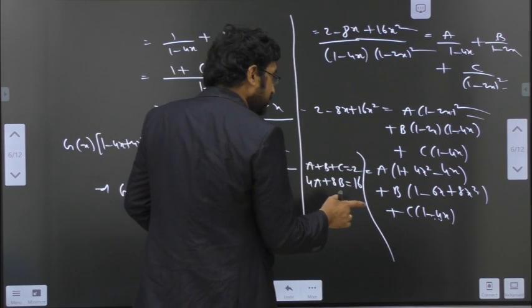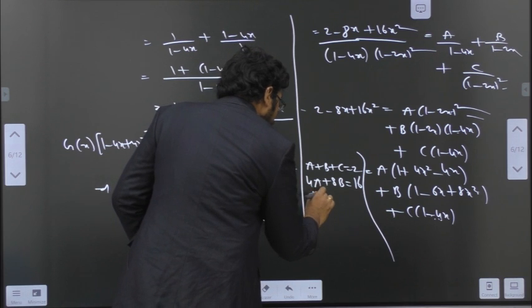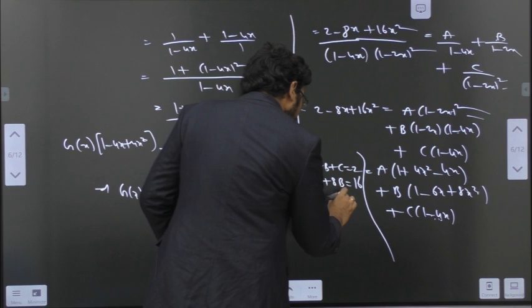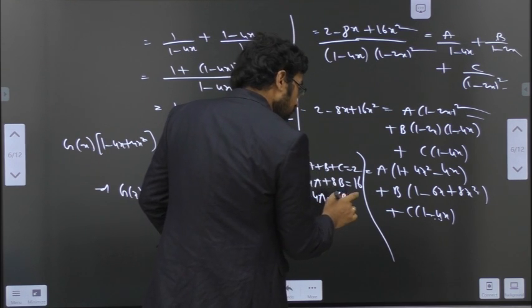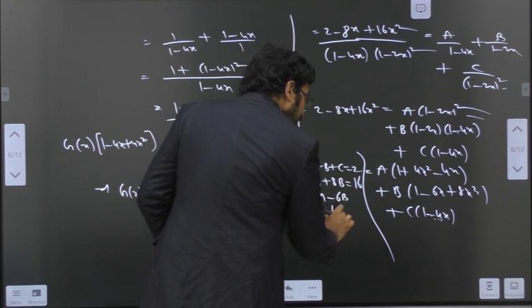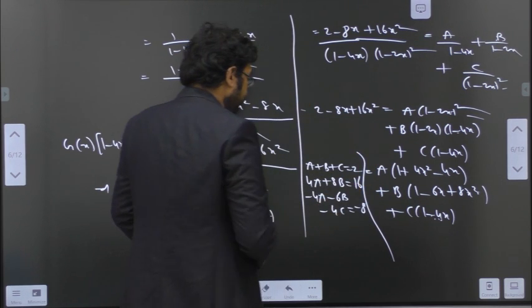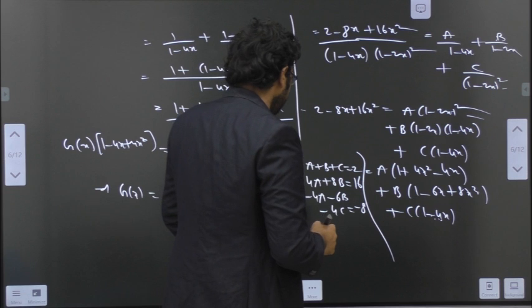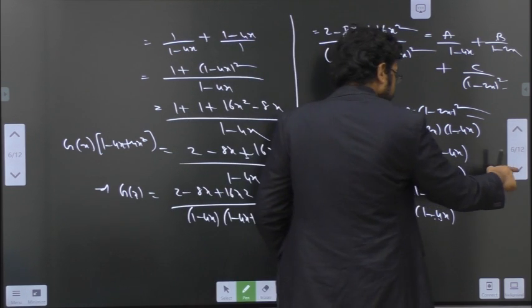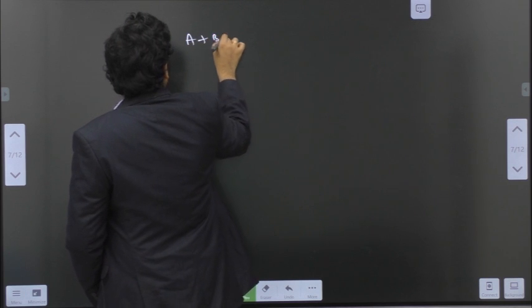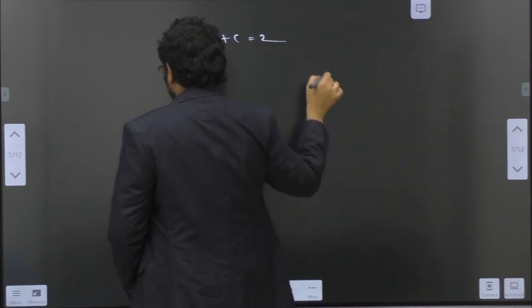Comparing x coefficients, minus 4a minus 6b minus 4c equals minus 8. So we have three equations. One is a plus b plus c equal to 2.